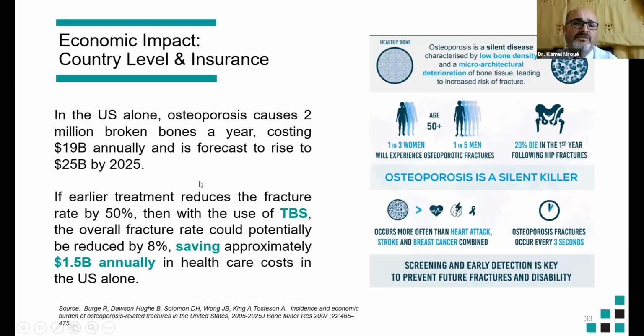If earlier treatment reduces the fracture rate by 50%, then with this simple software, the TBS, the overall fracture risk could potentially be reduced by an additional 8%, saving approximately 1.5 billion annually. So in one country, you are saving $1.5 billion from an important software that helps patients go through the process.